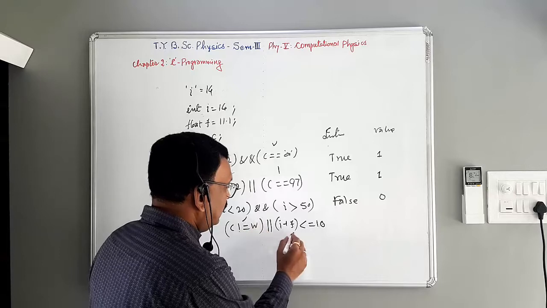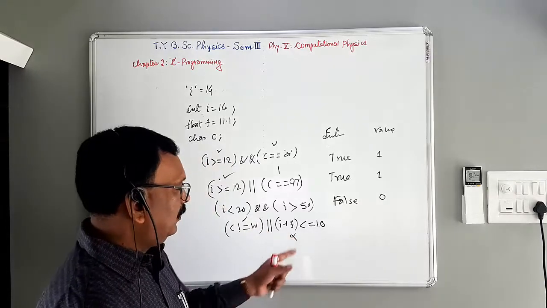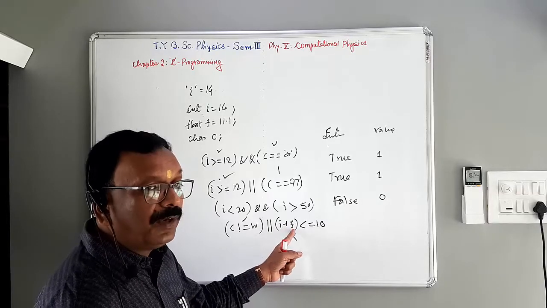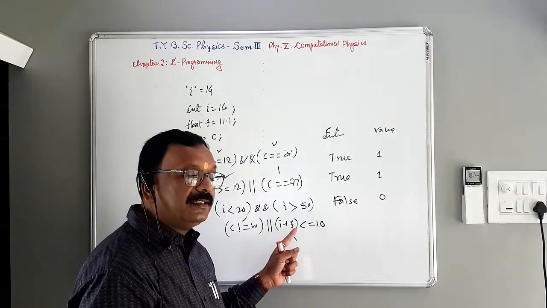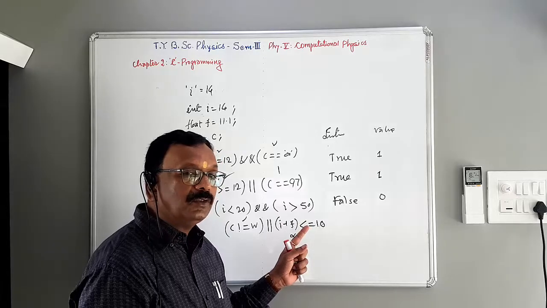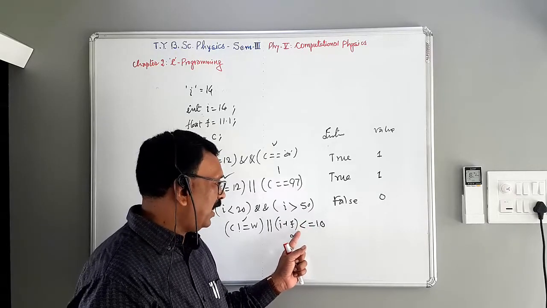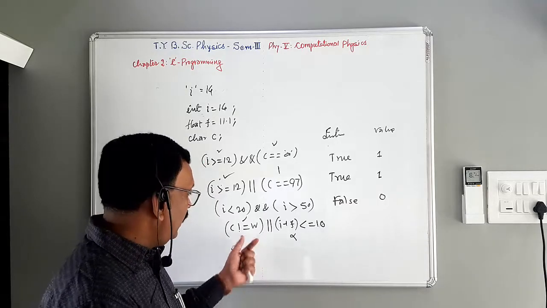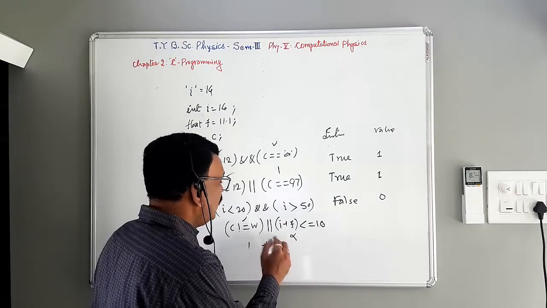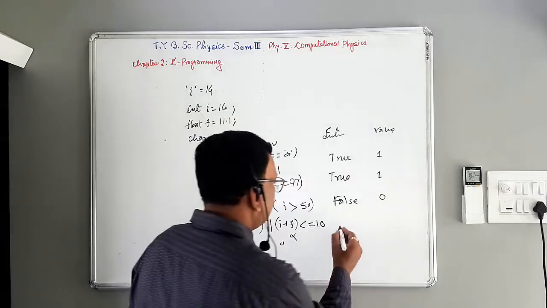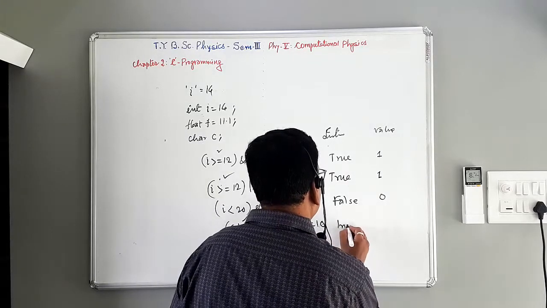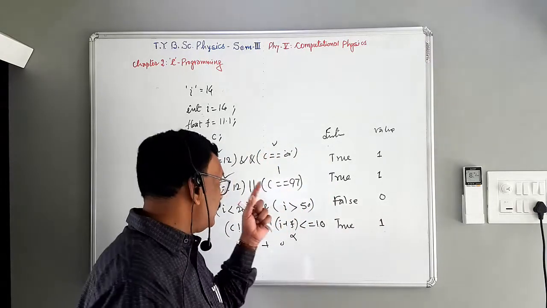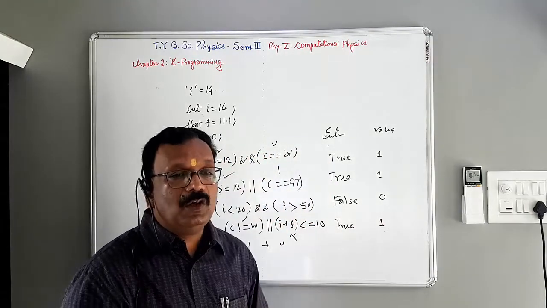This is false, because I is 14 and F is equal to 11.1, that is, the answer is 25.1. So this is true, false, but this is true, and 1 plus 0 is logically high, and this is interpreted as a true condition and we are going to assign 1. In this way we can understand the logical OR operator.